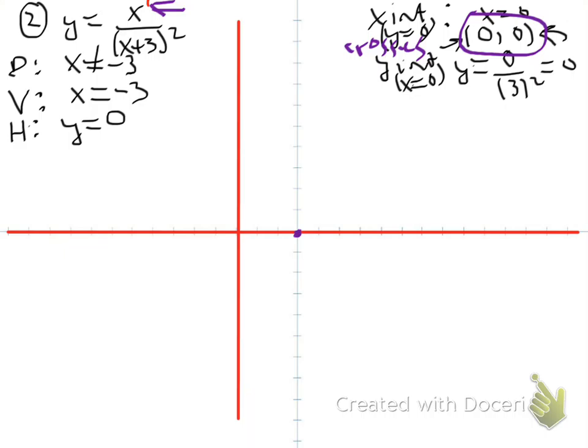Okay. So I'm not sure about that, so what I'll do is I'll pick a point. And a nice easy point to put in here might be something like -1. Let's put -1 in here and see what happens. So if I put -1 in here, this becomes -1 on top. And the bottom becomes -1 plus 3 is 2. And then I have to square it. And 2 squared is 4, so it's -1/4.